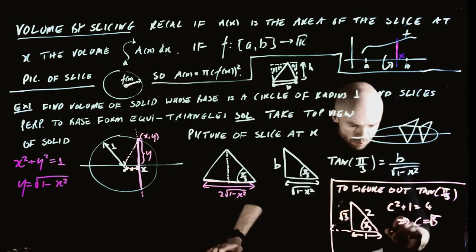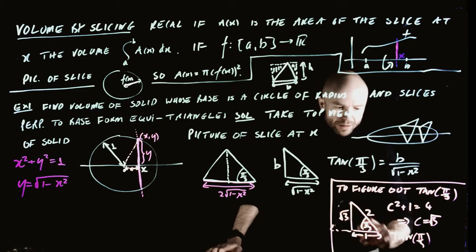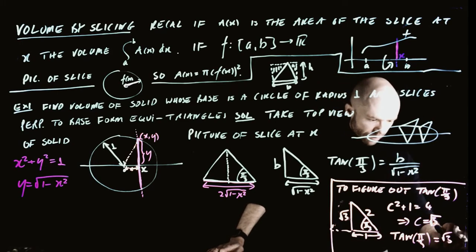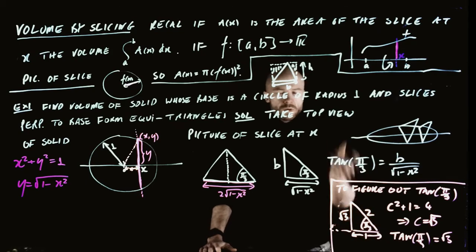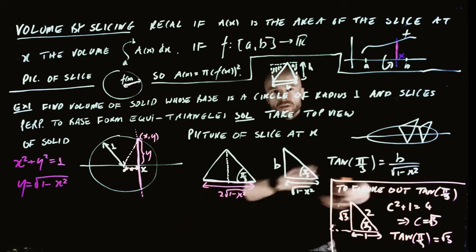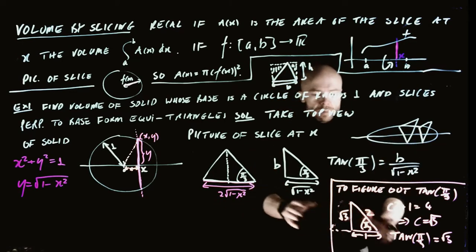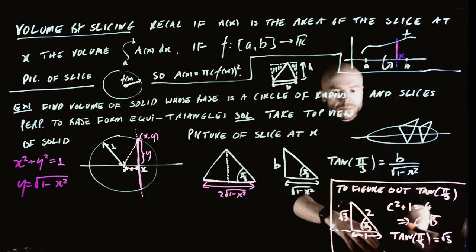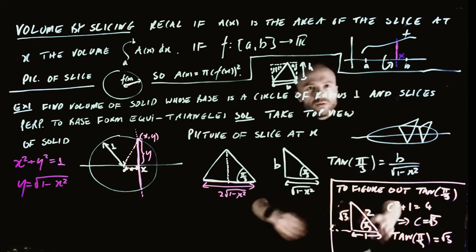So in particular, what we wanted to find was tan of pi over 3, and it is just the opposite divided by the adjacent, which is square root of 3. Now, I just chose 2 because it's convenient, because I end up with 1 here. I could have chosen any number. I could have made an equilateral triangle with each side 5, or each side 12, or anything. I'm going to come up with exactly the same result, because I'm still going to be dividing this by this, and it's still going to be square root of 3.